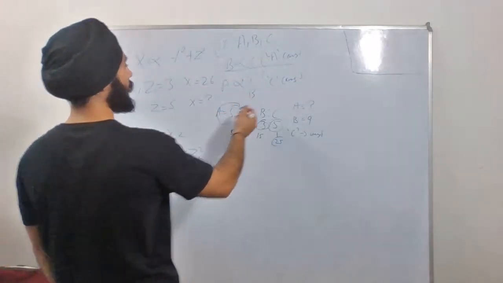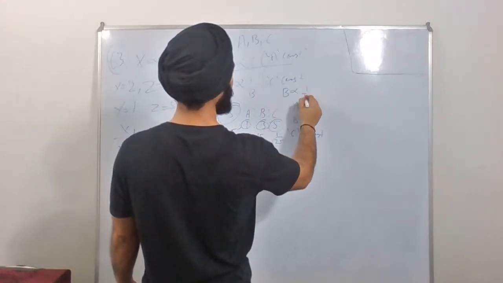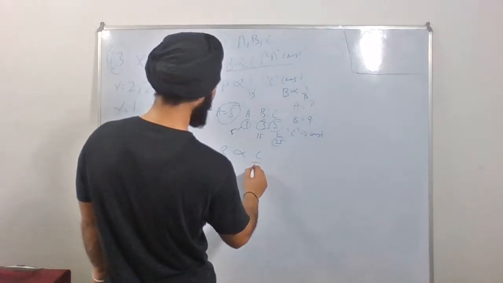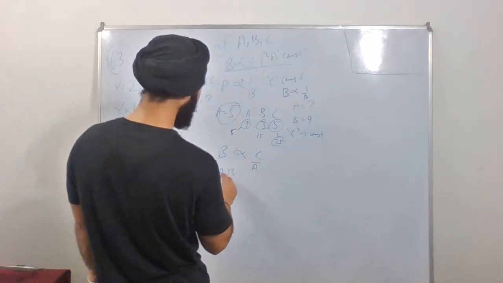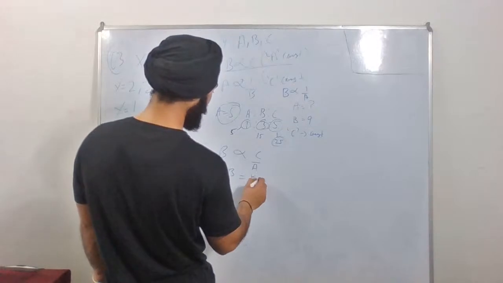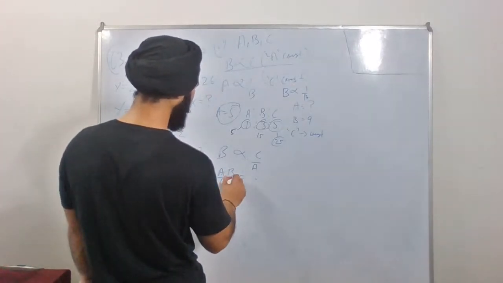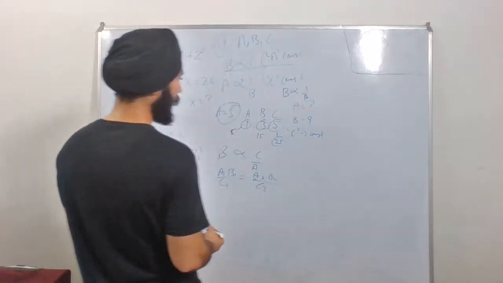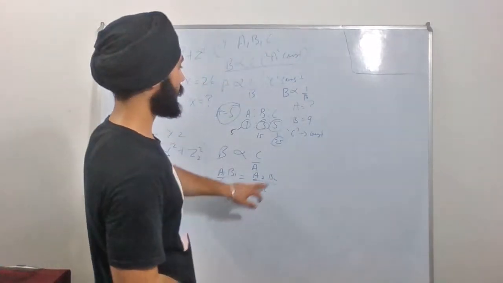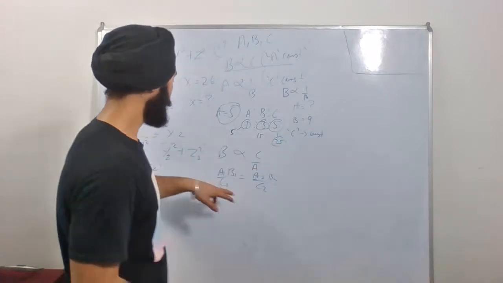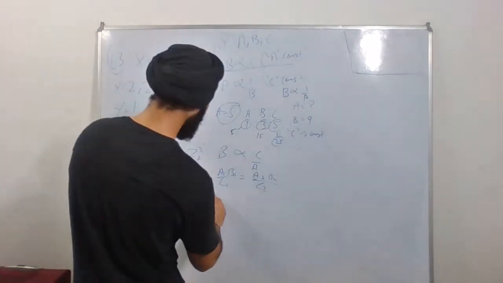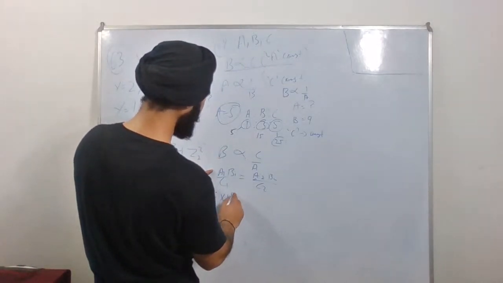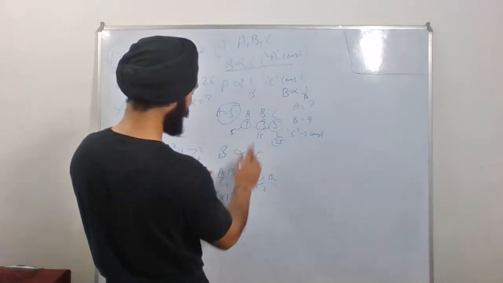सीधा सीधा दे रखे हैं यहाँ पे b is inversely proportional to a हो जाएगा, तो b will be directly proportional to c by a, so ab by c is equal to constant होगी, जिसकी वैल्यू हो सकती है a1 b1 c1 तो a2 b2 and c2. Here c is constant, so a1 is 5, b की वैल्यू हो जाएगी 15, c की वैल्यू हो जाएगी 25 from this ratio.